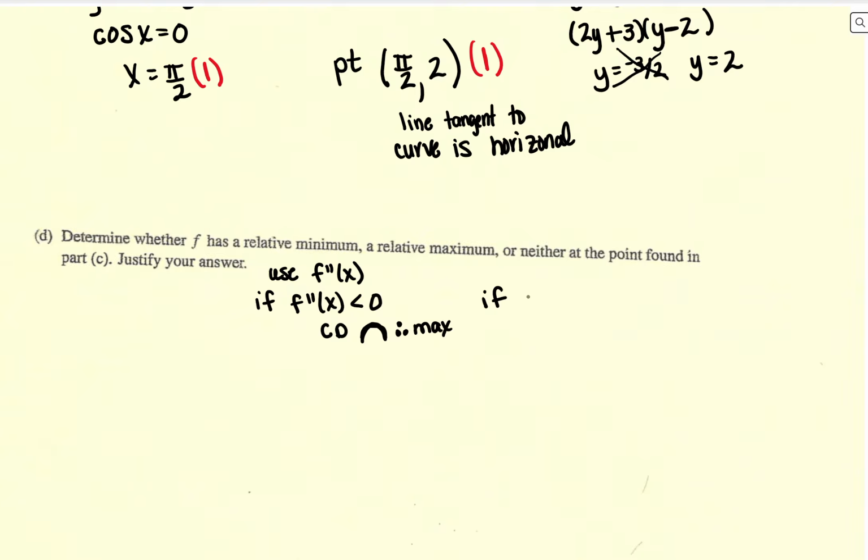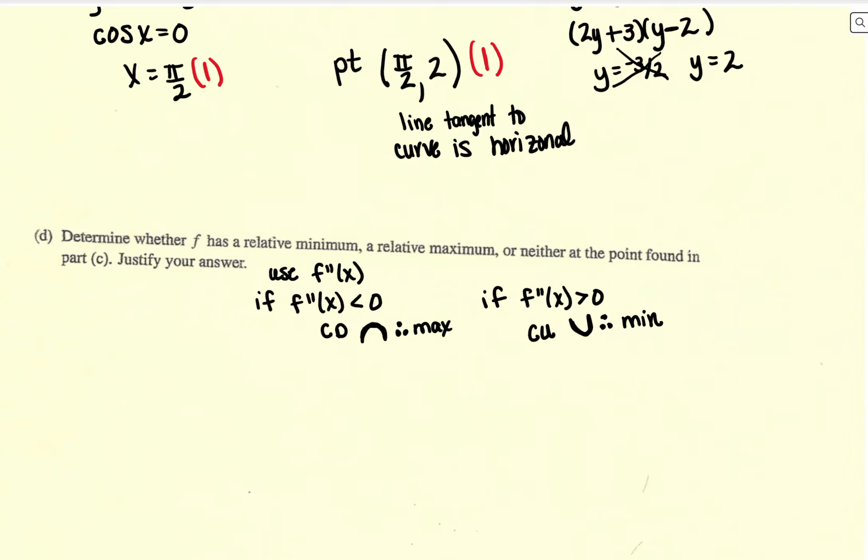But if the second derivative is greater than 0, you're going to be concave up, and you're going to hold water. And so therefore, we would have a minimum value. So we need to find the second derivative and look at that value and see if it's positive or negative, and that will answer our question.